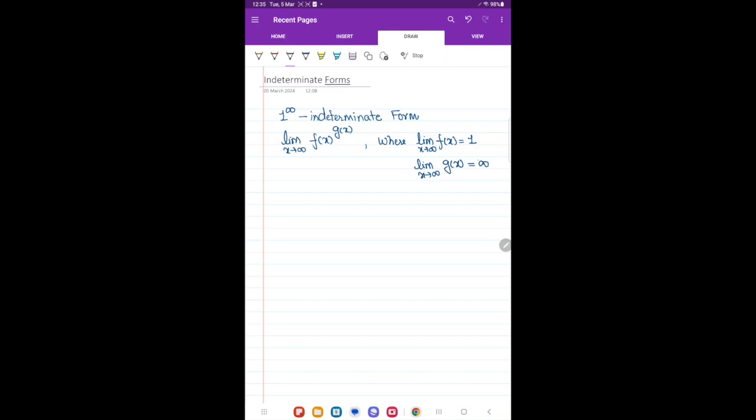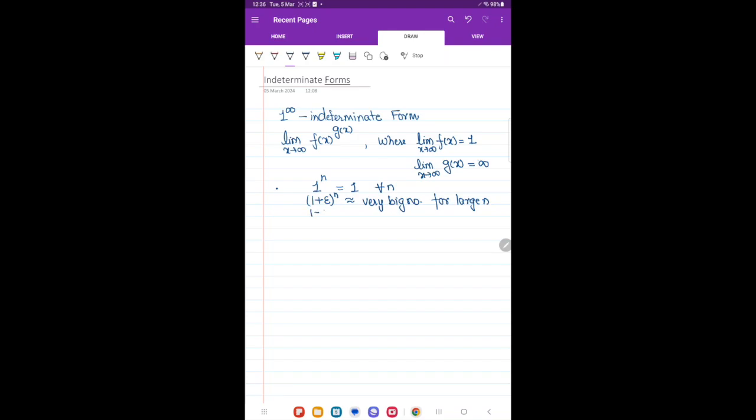Why is it an indeterminate form? The underlying fact is this property of around 1. If I take 1 and raise it to power any number n, it is always equal to 1. This is true for all n. If I take a number slightly greater than 1 and raise it to power n, this will be a very big number for very large n.